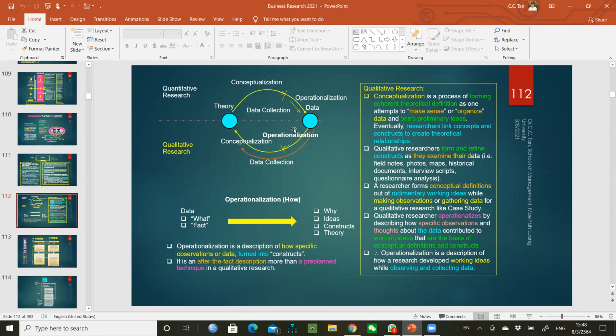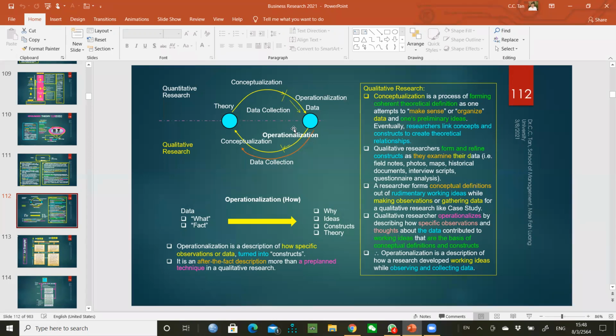So it means that our research is iterations, and we accumulate continuously on knowledge about the situation.